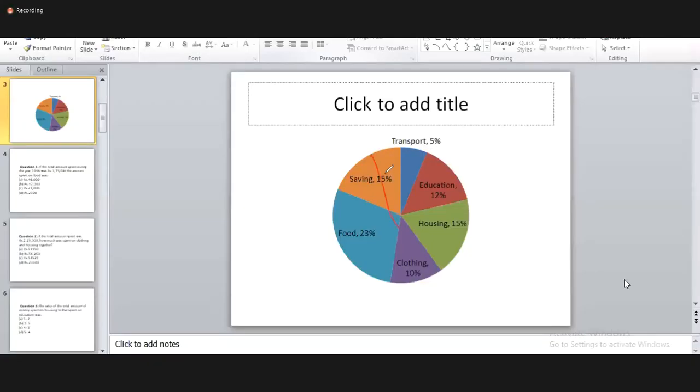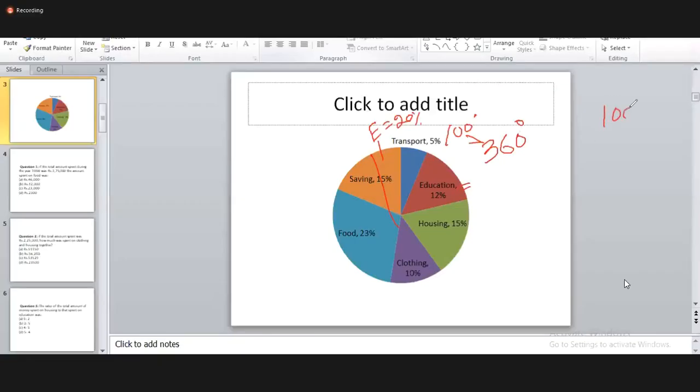We need to understand there is an entertainment part. Entertainment is 20%. Guys, sometimes they'll give this question in the form of degrees. Let's say 100% is equal to 360 degrees. You have to be very careful.